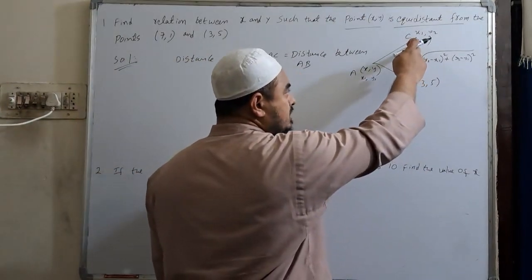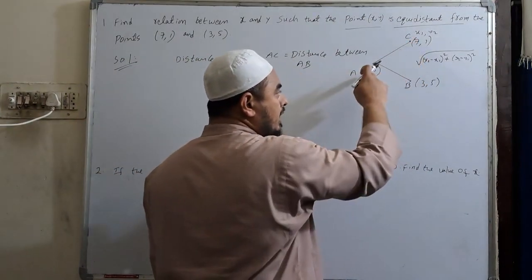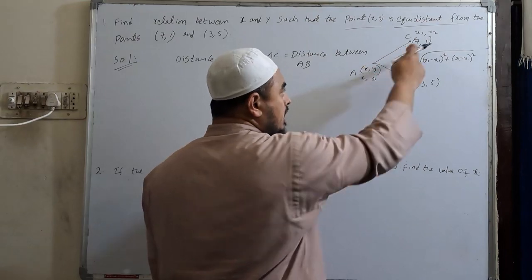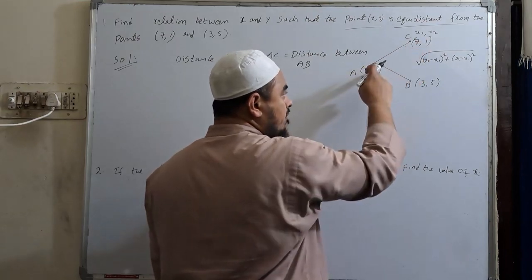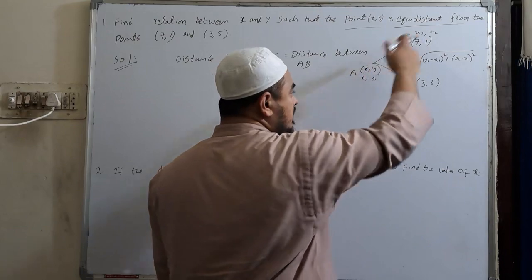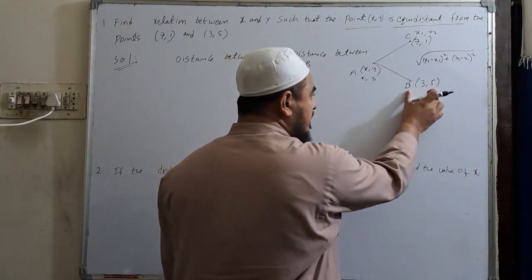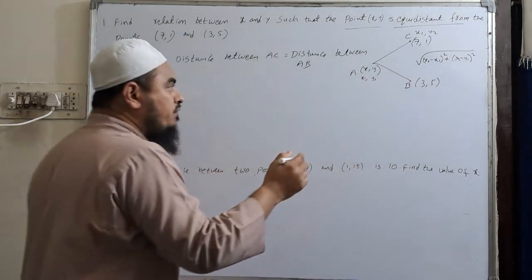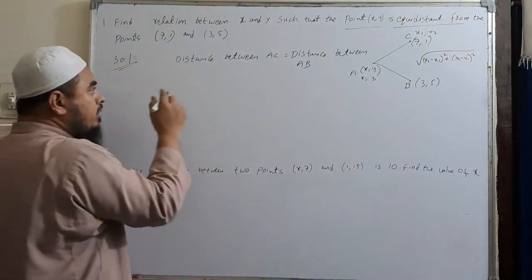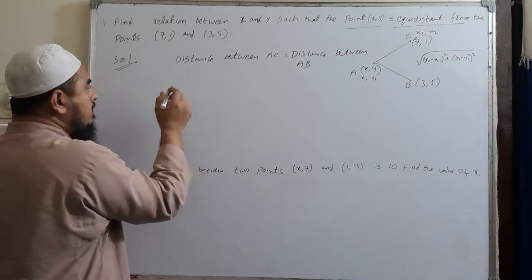Here we have x2 as 7 and x1 as x, y2 as 1 and y1 as y. That is for the distance between A and C. Similarly we can consider the B point and A point. So first we'll calculate the distance between AC.